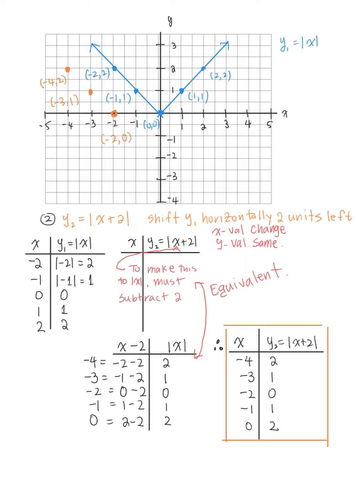And then next one is negative 1 and then 1. And the last one is 0, 2. So this is our graph of y2, which is the absolute value of x plus 2.